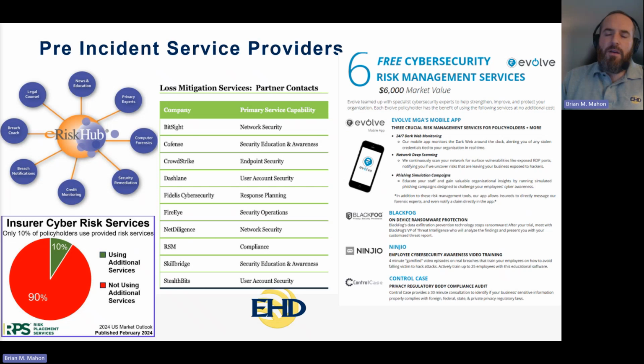Unfortunately, most policyholders are not taking advantage of some of the pre-incident services that these cyber carriers come with, right? Some carriers are more sophisticated than others. Some have even built their own MDR products that they're offering with cyber insurance. A lot of these are just little giveaways.